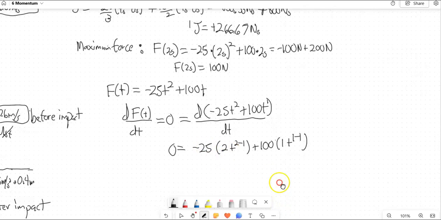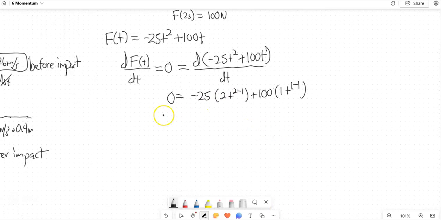So this is going to end up being 0, and then you have negative 25, so that's going to be negative 50 times t, plus 100. That's 1 times t to the 1 minus 1, which is 1, so this is plus 100.